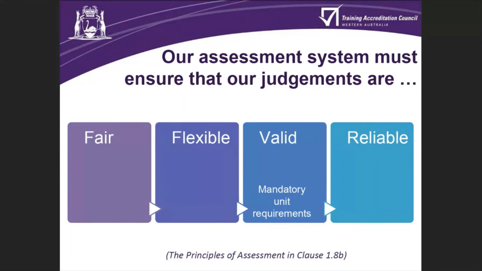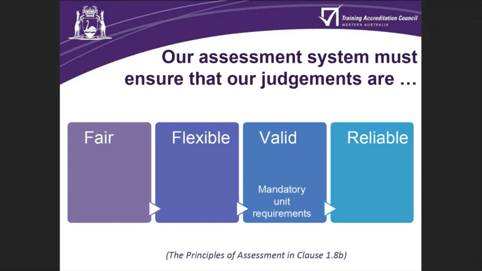We need to know about any reasonable adjustments we might need to make to accommodate a student who presents with a disability, to make sure that our assessments are fair and reflect the person's real competence and are not interfered with because we've been insensitive to their disability.